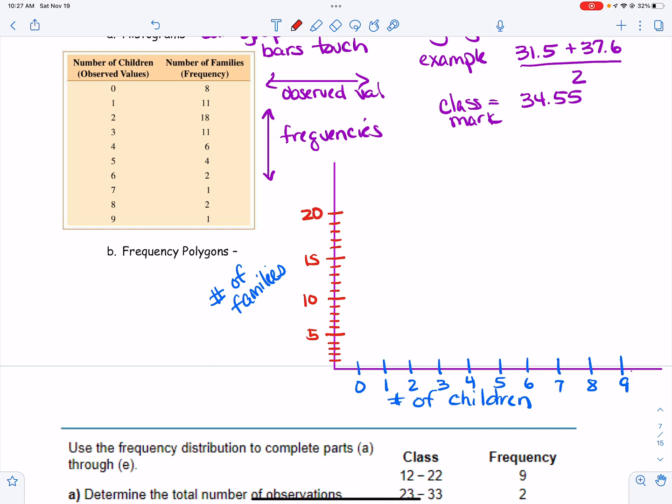Then I'm going to draw my bars, and my bars are going to have that center point in the middle of the bar. For 0, there were 8 families that had 0 children, so we're going to make a bar that looks like that. And then we're going to build off of that bar. For one child, there were 11 families, so we're just going to extend it up here.